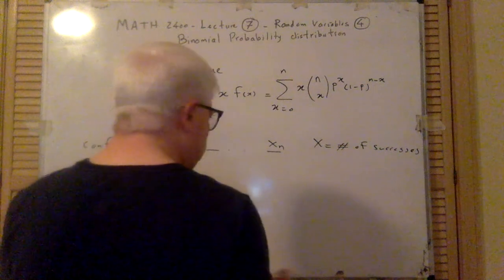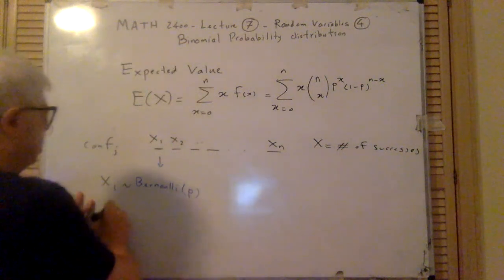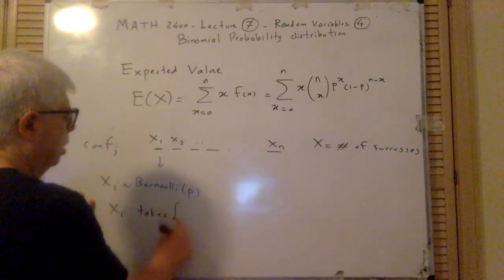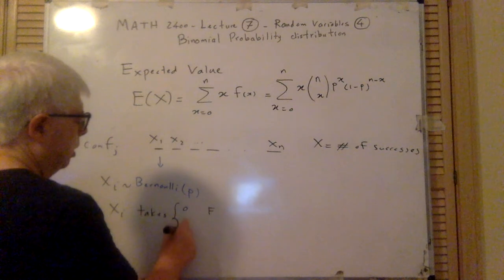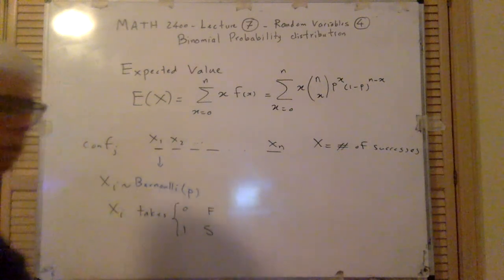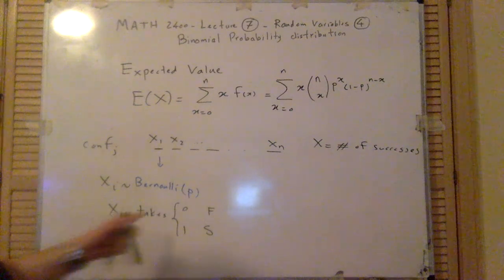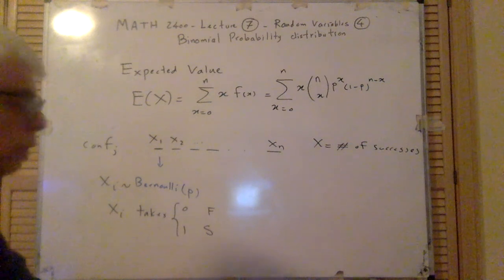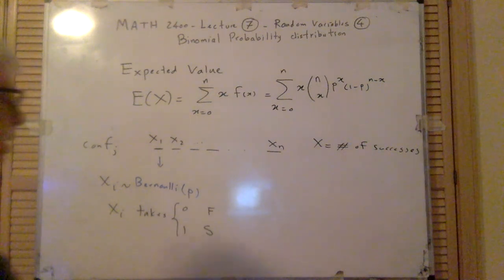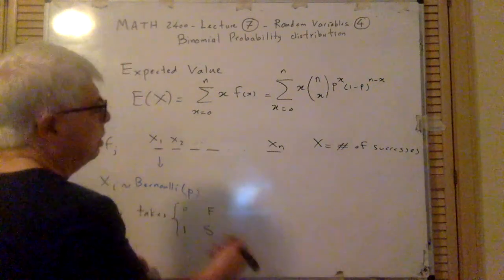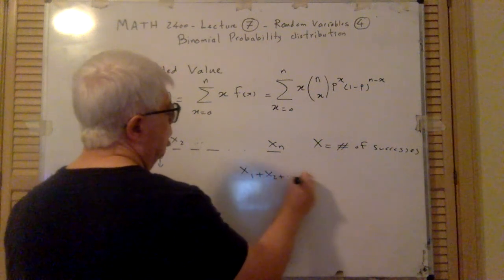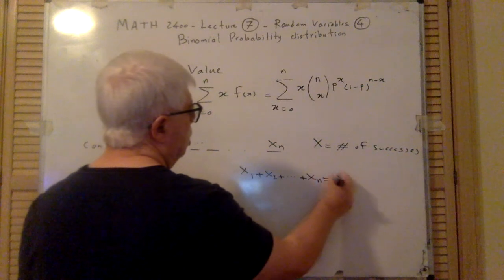X was the number of successes. What is xi? Xi takes 0 for failure and 1 for success, right? So xi has two values, 0 or 1. 0 for failure and 1 for success. So if I add them, then I will get x.